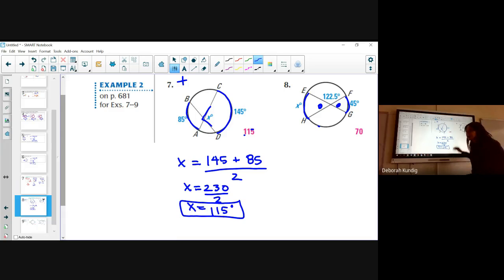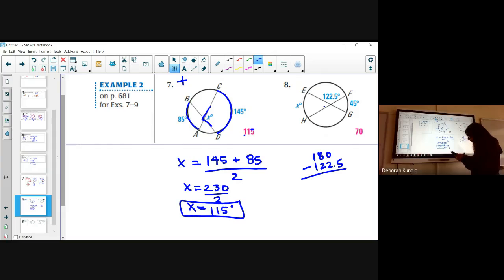Good thing is we know linear pair. This line right here and these two angles are 180 degrees. So I can find this angle in here by taking 180 minus 122.5, which is 57.5.